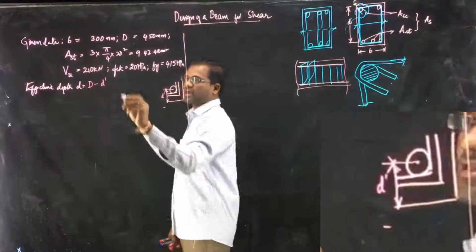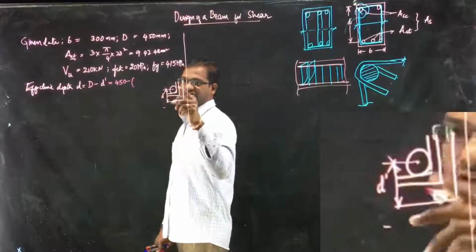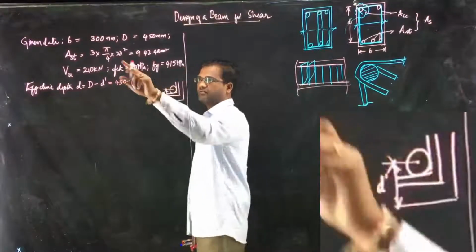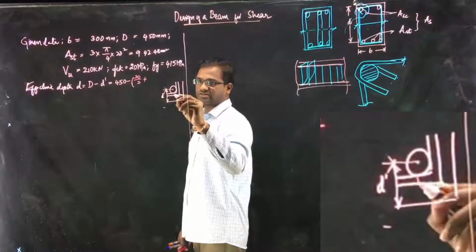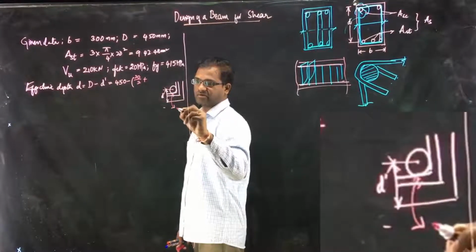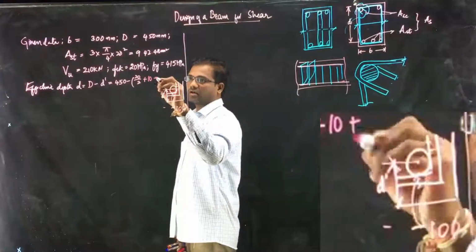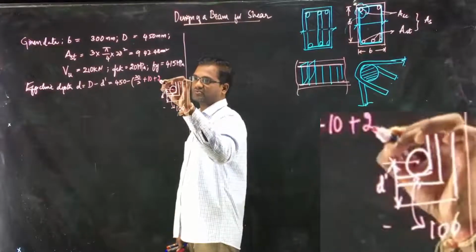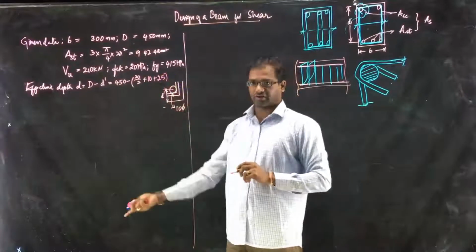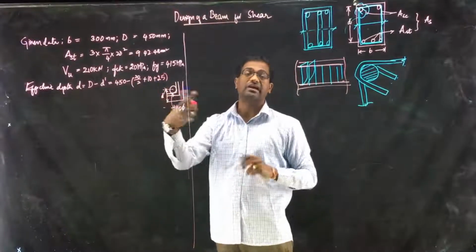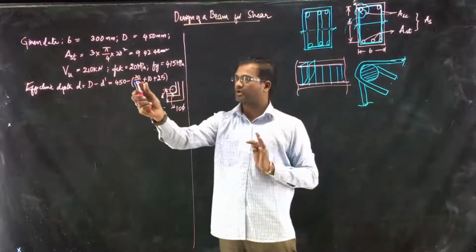D is 450 minus D dash, where D dash is half of the bar diameter, 20 by 2, plus you need to assume the stirrup diameter. Let us take this diameter as 10, plus cover, normally 25, but sometimes in the question this is given directly. In your question this value D dash is directly given as 50 mm. You can take this as 50 mm.